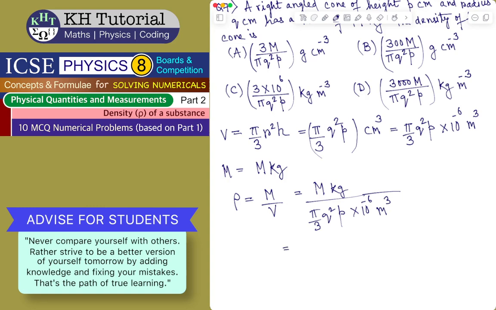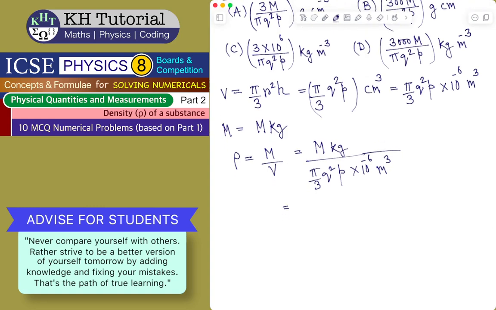After simplification, this becomes 3M multiplied by 10 to the power 6 divided by pi q square p kilogram per meter cube.